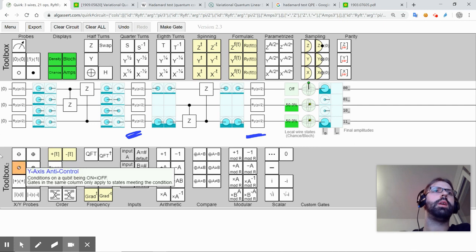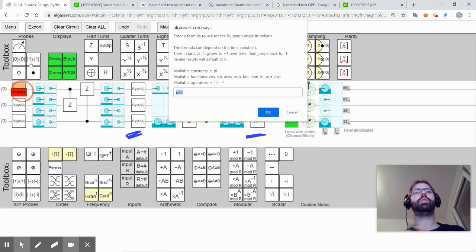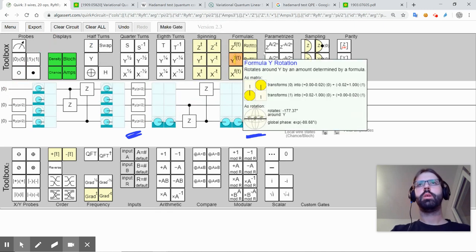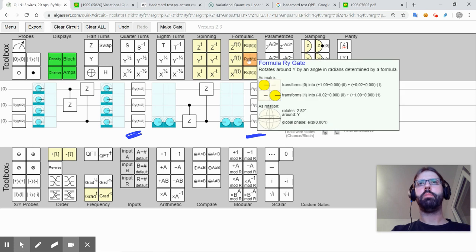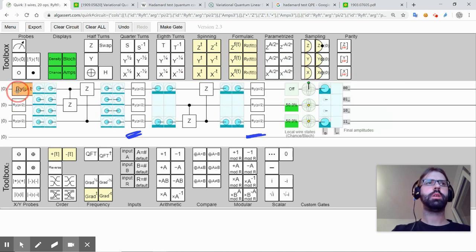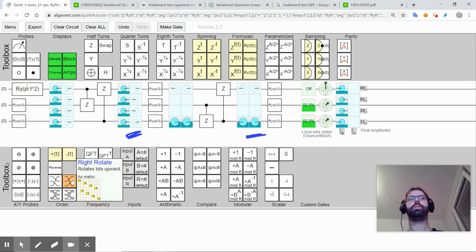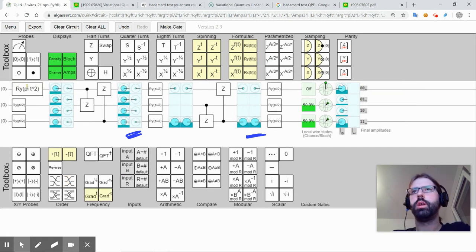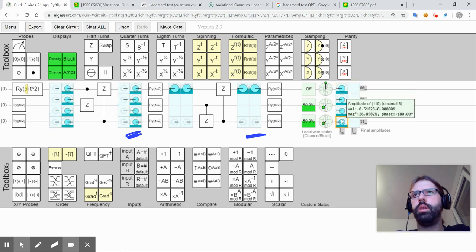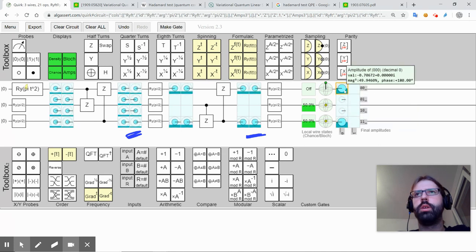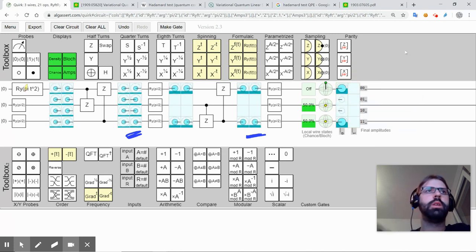If I change these by a time-dependent one, just these, what you can see is that I'm exploring different states in here. Interesting. Well, this is always empty.